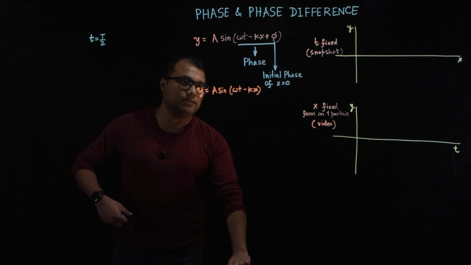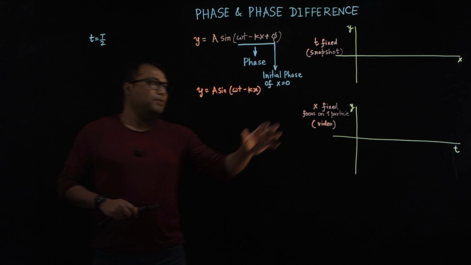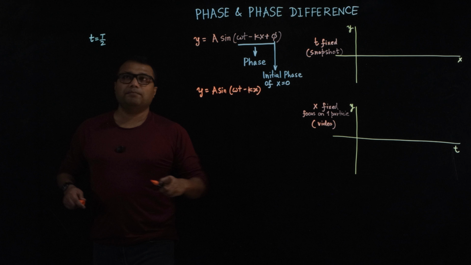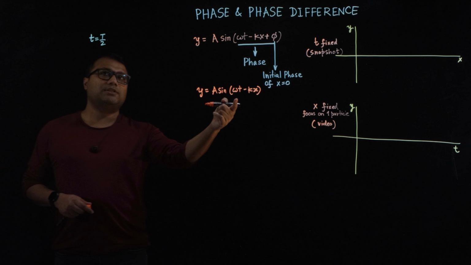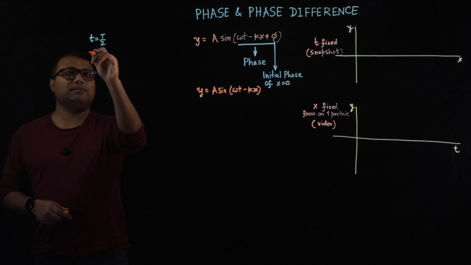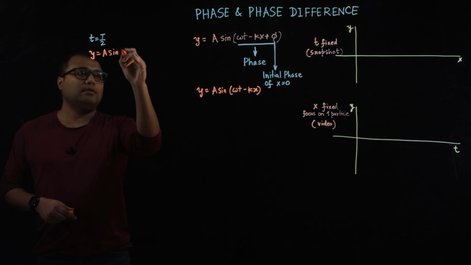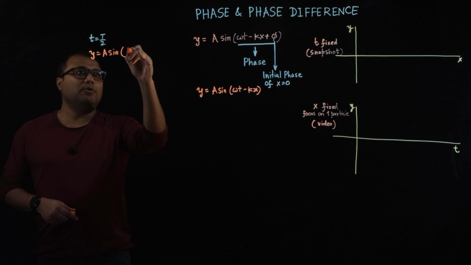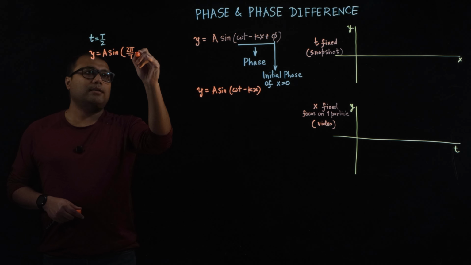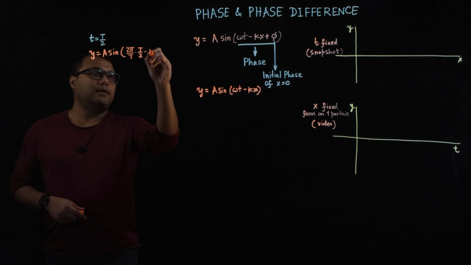So then what happens? Before we draw this function, let's substitute t equals T by 2 here and see what happens. So y is a sine(omega t minus kx). So omega is 2 pi by T times t, which is T by 2, minus kx.